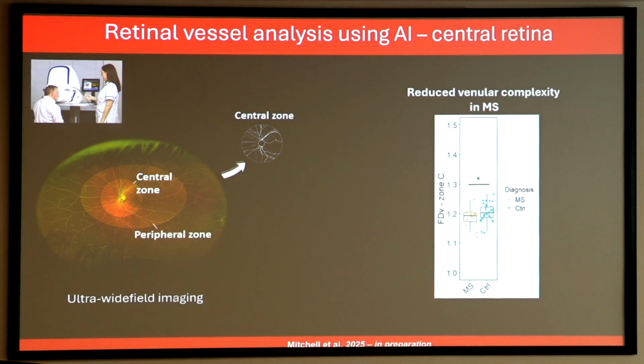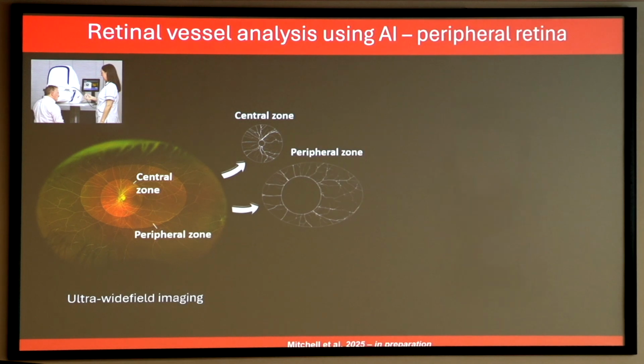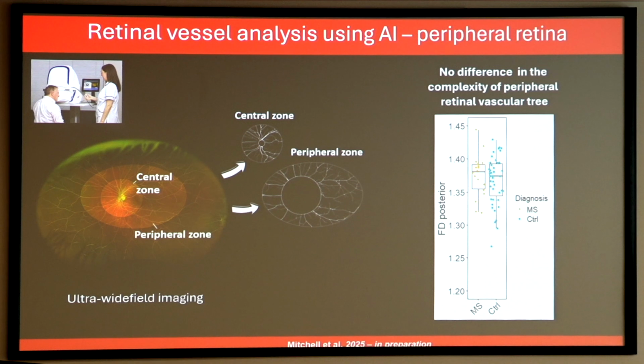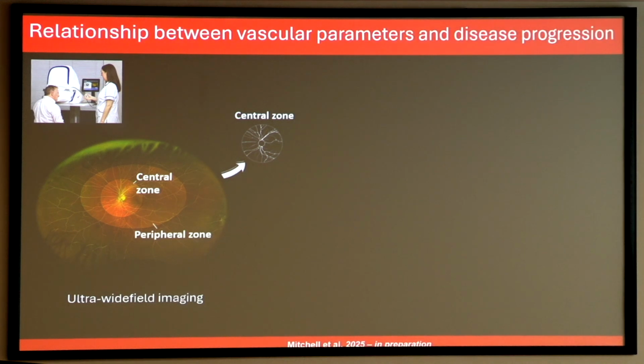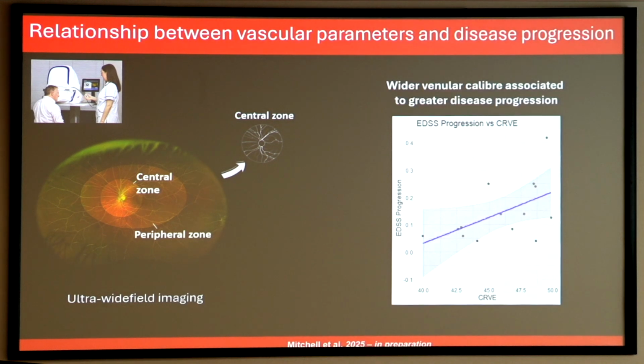And in fact, these changes have been shown in other neurodegenerative conditions, such as Alzheimer's disease as well. When we looked at the peripheral retina, we didn't see differences between MS and control eyes. And when we looked at the effect of optic neuritis, we again did not see any difference. So it looks like the peripheral retinal vasculature is not affected, at least in our cohort.